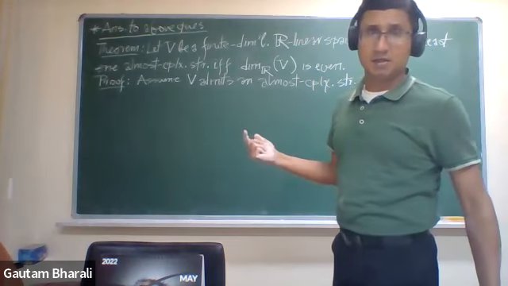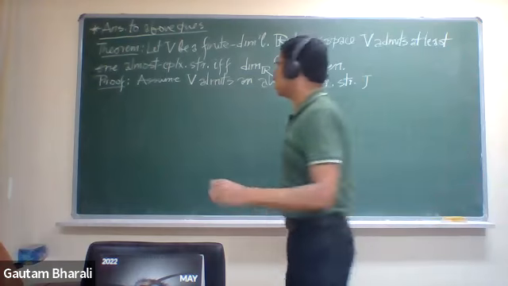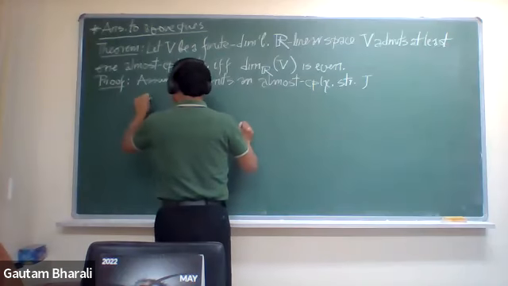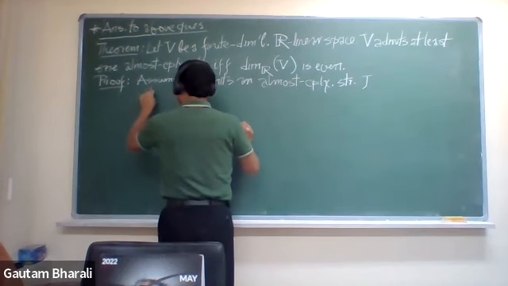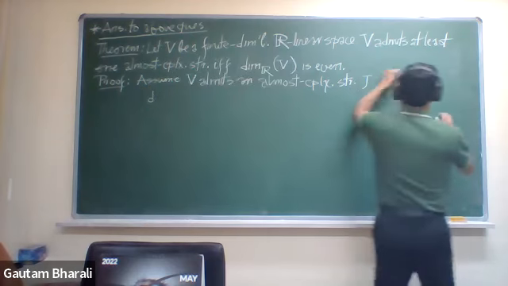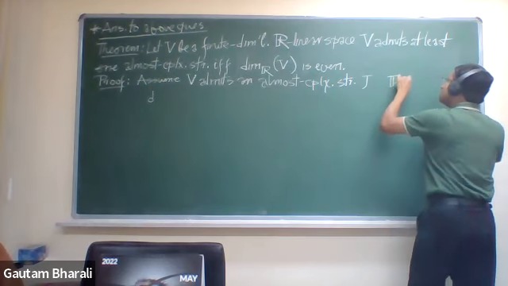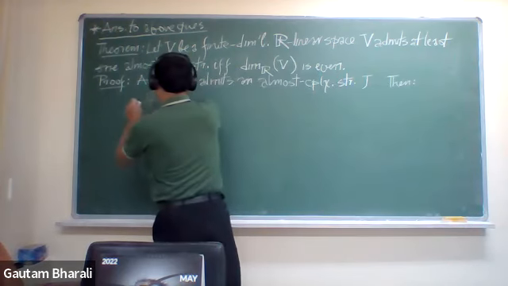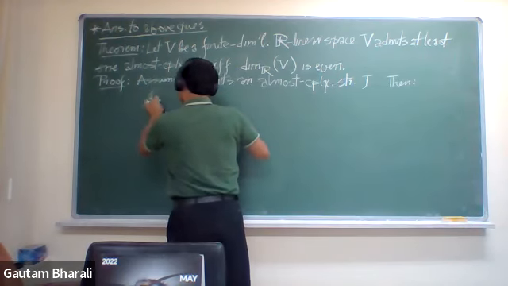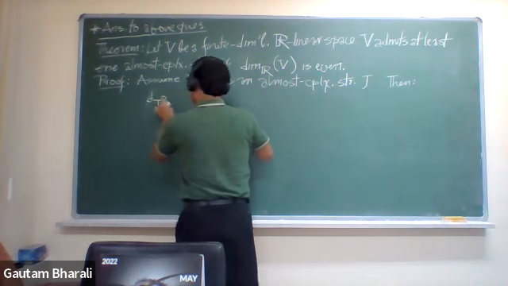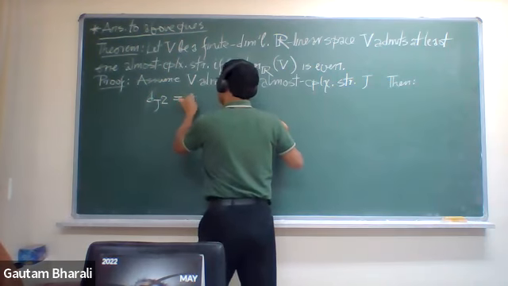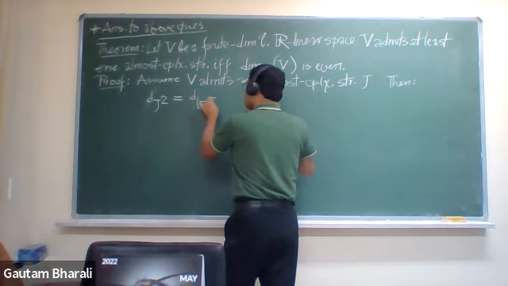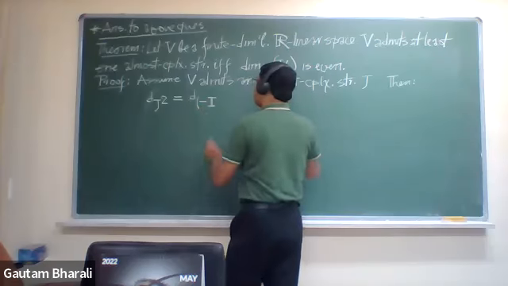J squared is equal to minus the identity transformation on V. So you see, then d_(J squared) is equal to d_(minus the identity transformation on V).